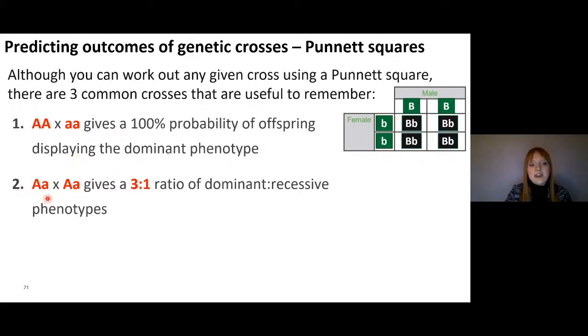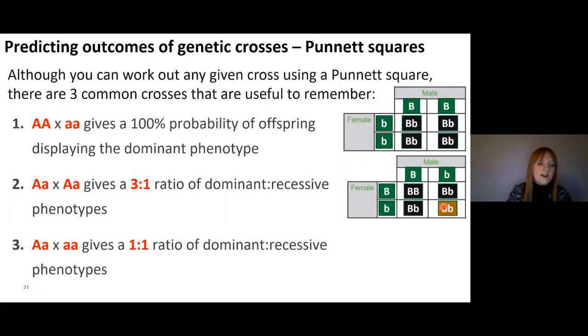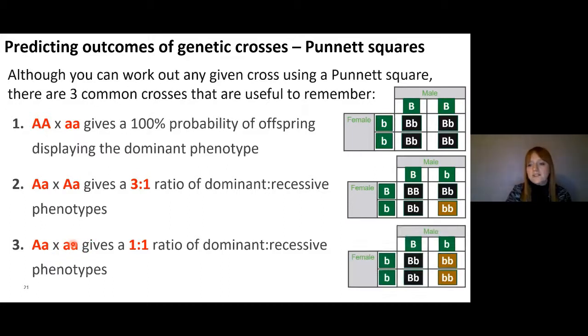A heterozygous organism mates with another heterozygous organism always gives a 3 to 1 ratio to dominant recessive phenotypes. Okay, so in the example of black and brown mice, 3 to 1 in terms of the dominant and recessive alleles. And then the last one is a heterozygous organism mating with a homozygous recessive organism will always give us a 1 to 1 ratio.